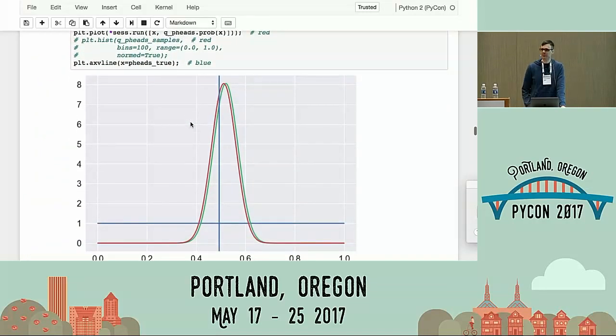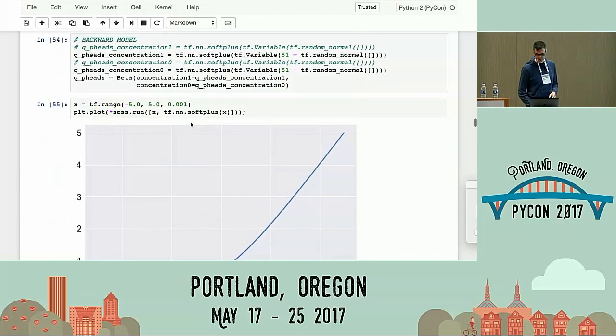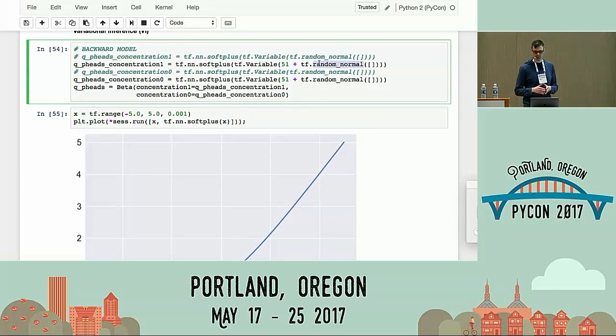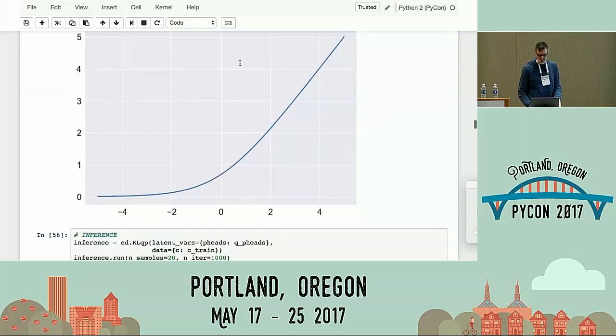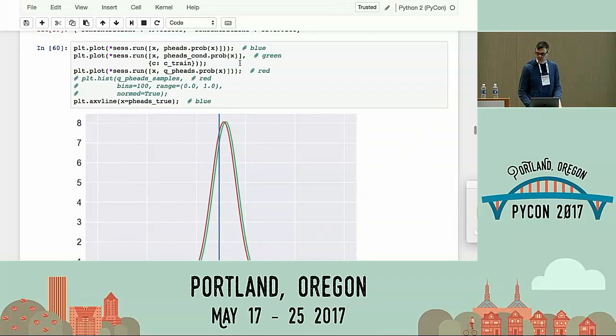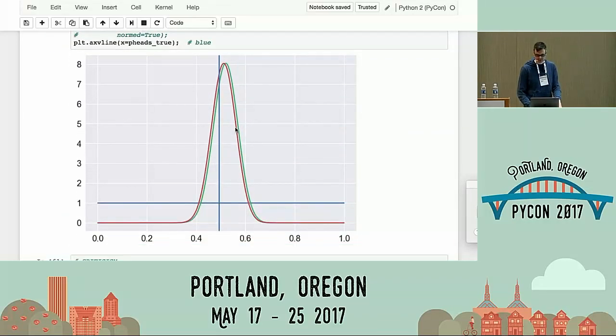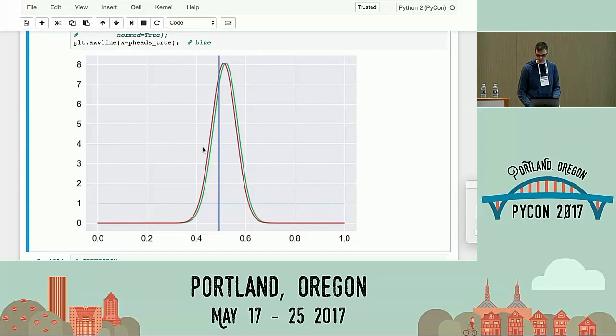Yeah, it works. Instead of starting with initial values for these concentrations that are super far away from what potentially could be, I went very much in the vicinity of what the final result should be. It's a bit cheating, because usually I don't know what the vicinity of my posterior is. But just to show you that this can work in principle, I changed this such that the method doesn't fail. You can see the red curve is now very close to the green one.